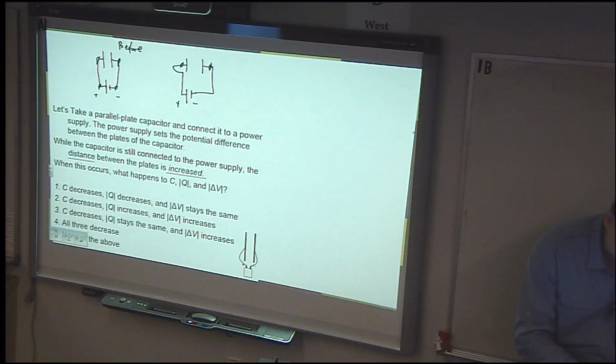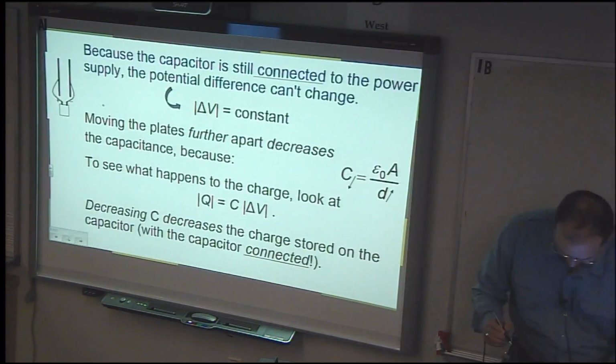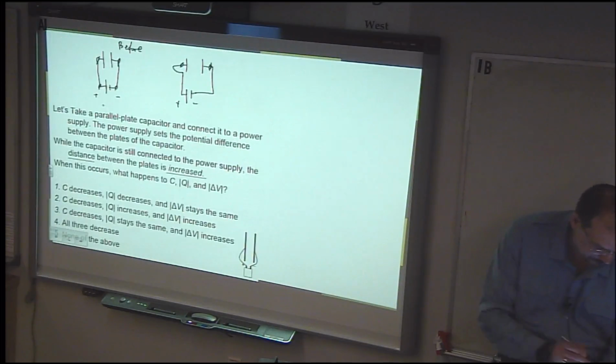So wherever the voltage here is, equal to, very soon we will give a different name for the same thing. The same voltage will be across the capacitor.